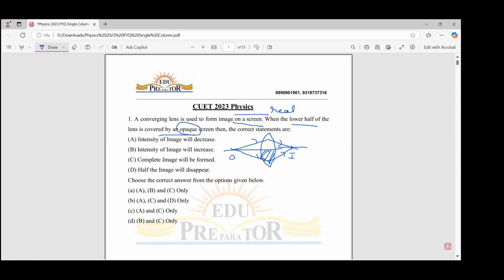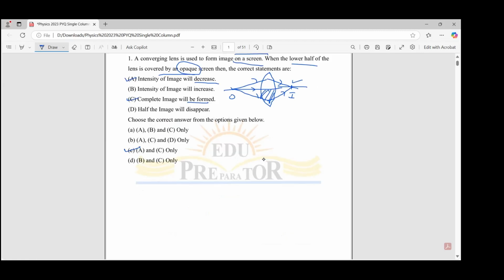Hence, intensity will be decreased. And second, still the rays are meeting. So therefore, the image is formed, right? So we have this as the correct option and the complete image will be formed. So A is correct, C is correct. And if we see the options, we find C is the correct option. I hope it is clear.